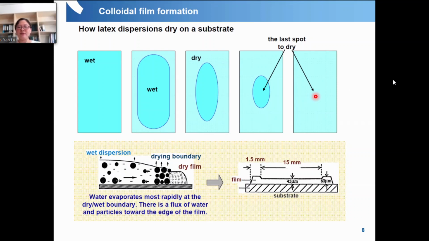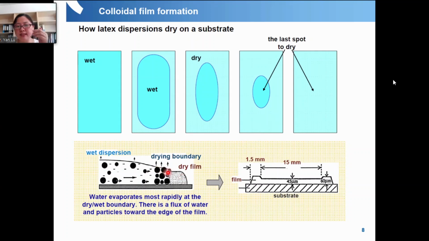And if we look at the system, of course, it's not so simple as it's drawn here as a scheme. If we look at the cross-section of these films, we will see you have a kind of boundary. This is the water and air boundary.